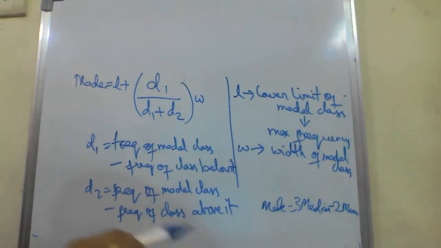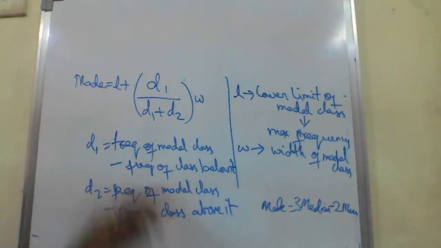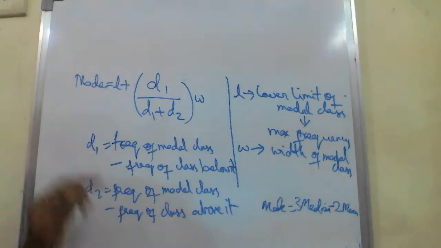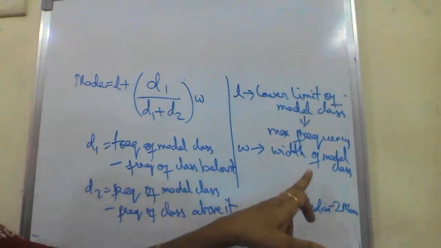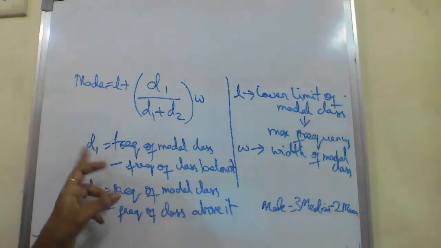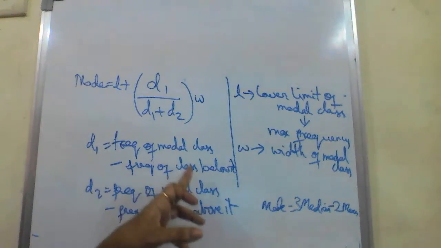That particular row or class will be the modal class. So L stands for the lower limit of the modal class, and W is the width of the modal class, like how we found in the median, and D1 will be the frequency of the modal class minus the frequency of the class below it.